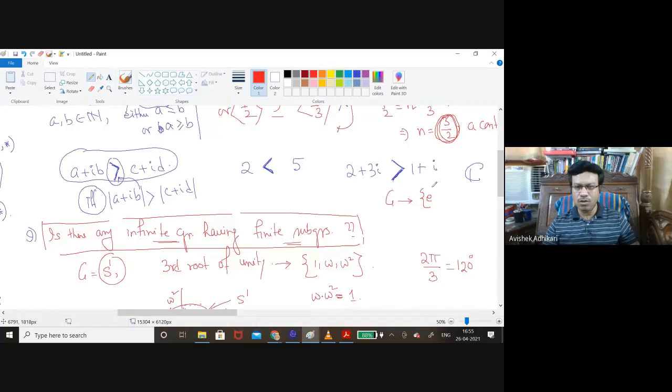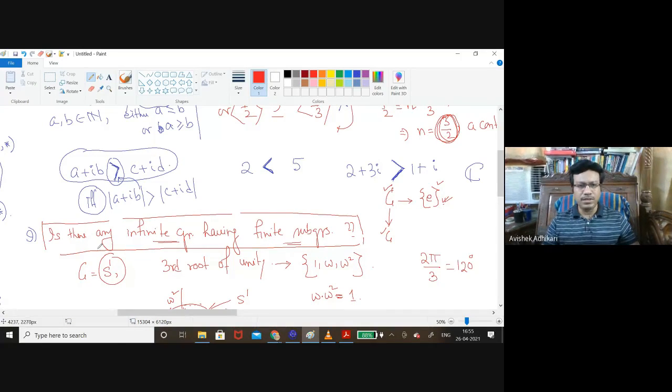E is always a subgroup. Take any group, and if you consider E, then this is always a subgroup. If you consider G, then G is again a subgroup of G. So these two subgroups always exist for any group, and E is always a finite group.